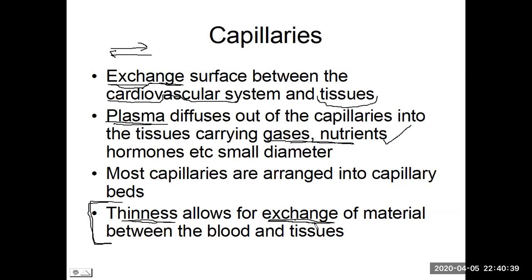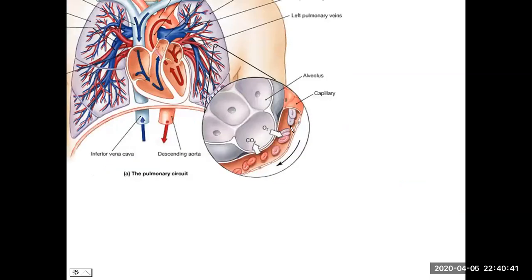So what we'll take a look at is there's three different types of capillary structures within the body that we'll discuss. They're extremely small in size, however, extremely numerous. They just have a thin, delicate tissue layer. And again, the material could flow both out of the capillaries and into the capillaries.